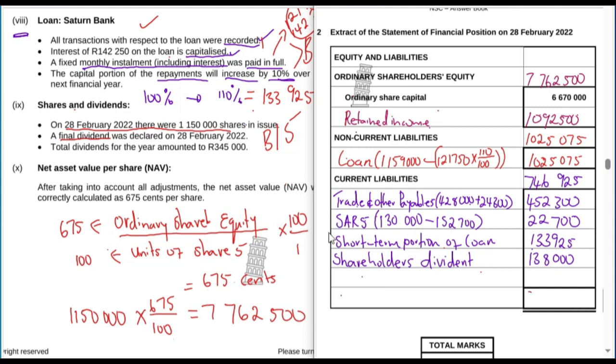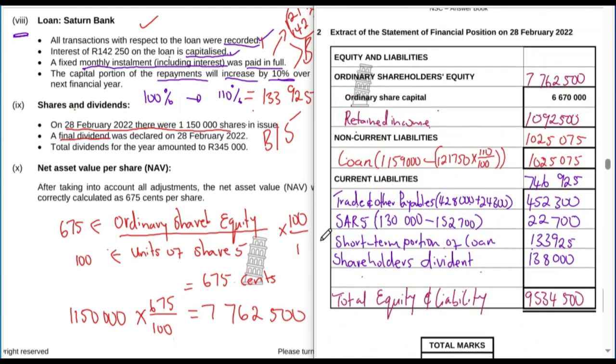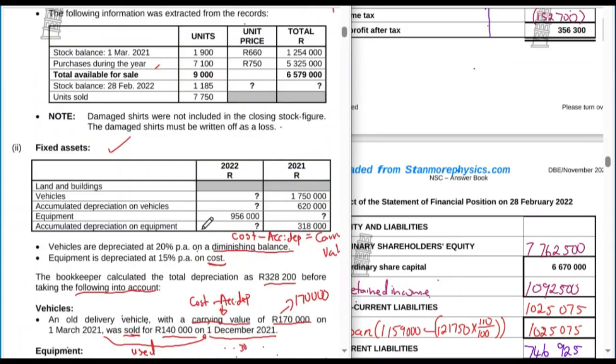Is 9,534,500. That's our total equity and liability.